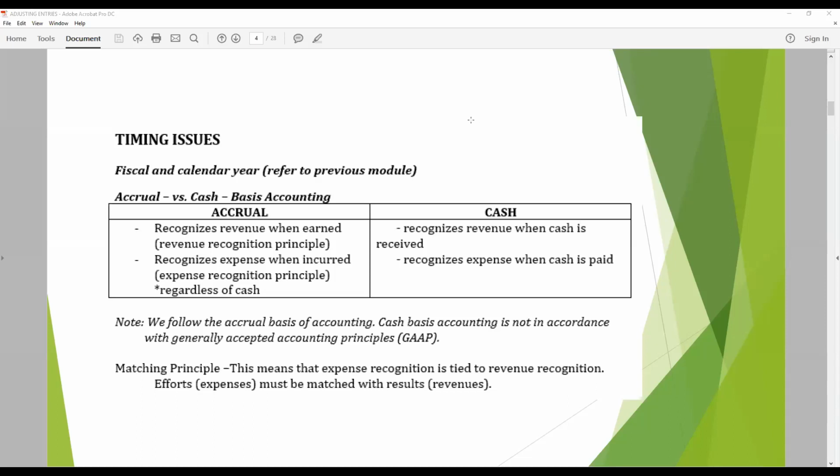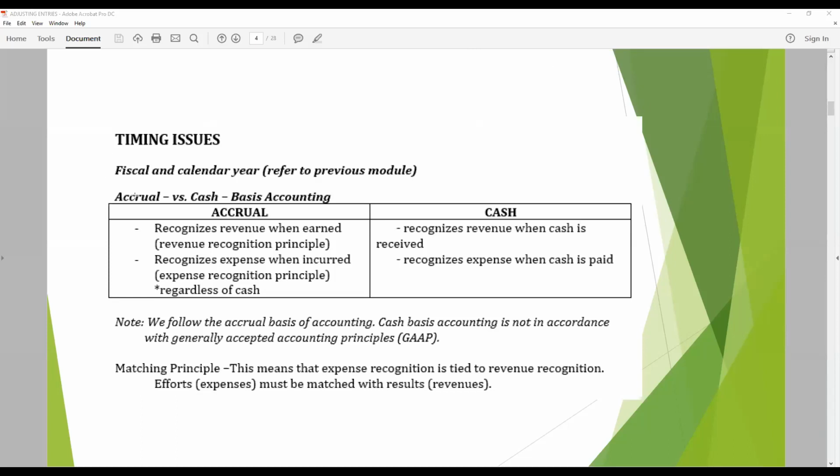So you have to take note when you are solving a problem, you need to determine first if the company is using calendar year or fiscal year, so that you will know what is your cut-off date, as of which date lang kayo mag-a-update ng accounts.